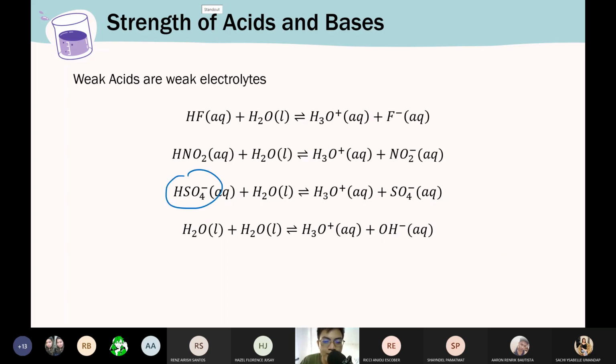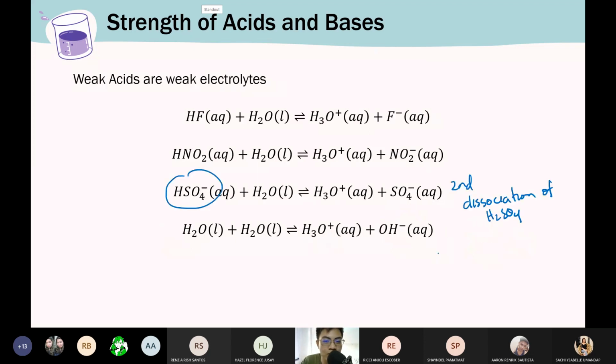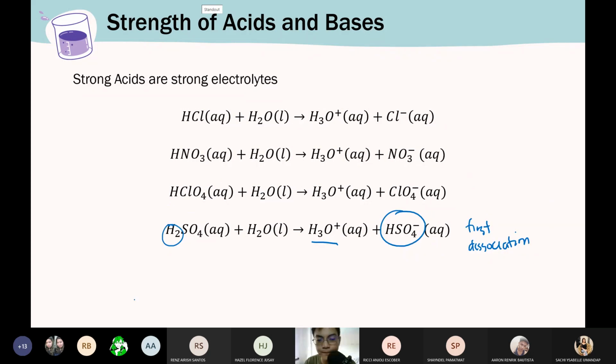That is the second dissociation of sulfuric acid, but it is weak already. So the first dissociation is strong, but the second dissociation is weak.